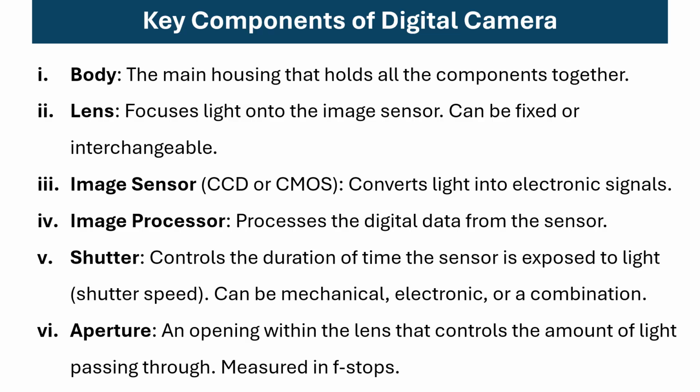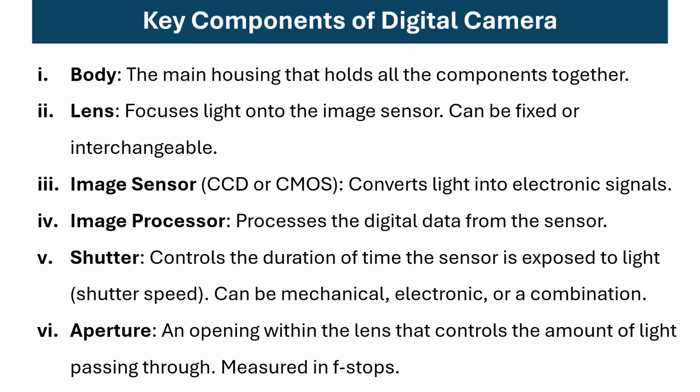We have the image processor. The image processor works to process the digital data, the signals from the sensor, to produce the file that you see on the screen and can share on a computer, manipulate or edit.